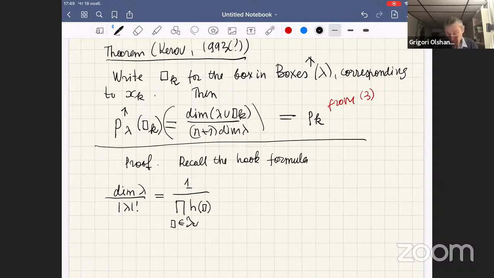Maybe I need to write it in a more detailed way, to emphasize that the hooks are taken in a given diagram lambda.